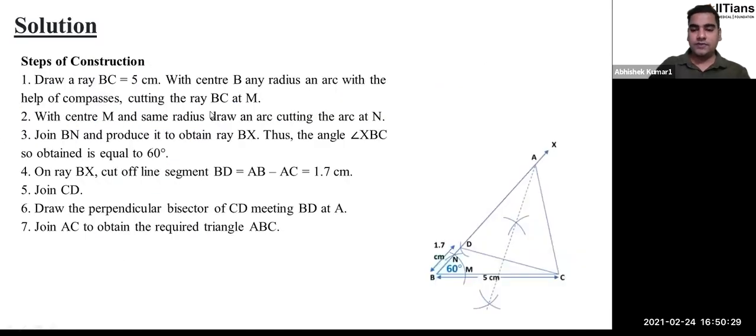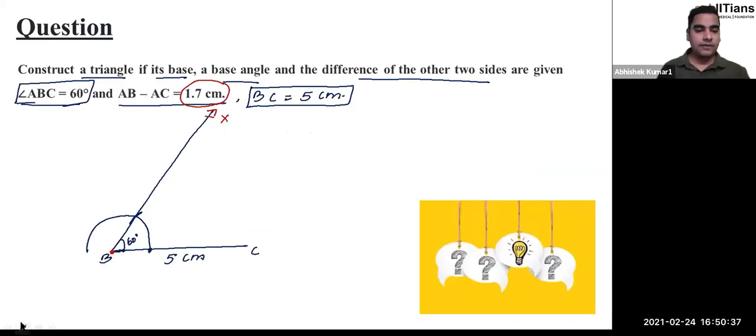Mark one arc whose length is equal to the difference provided, that is 1.7 centimeter. So let's say this is the arc you have, and I'm going to call this point R. After doing this, what's the length of BR? BR will be equal to 1.7 centimeter.